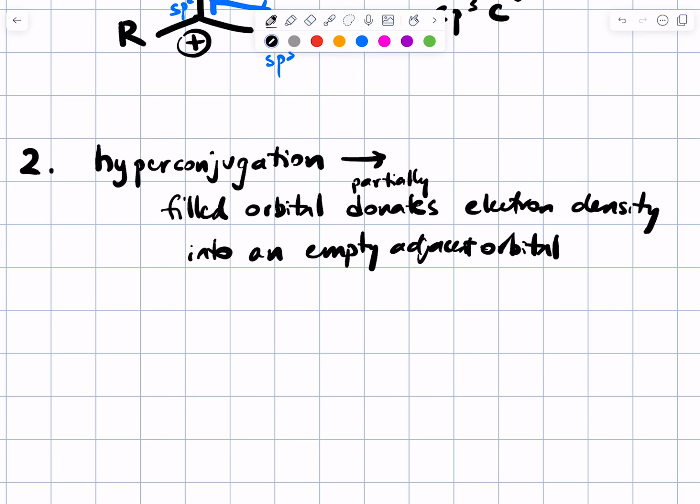It's where a filled orbital in an organic molecule, usually a bonding orbital or perhaps a lone pair, donates electron density into an adjacent empty orbital. And usually the empty orbital is some kind of anti-bonding orbital.